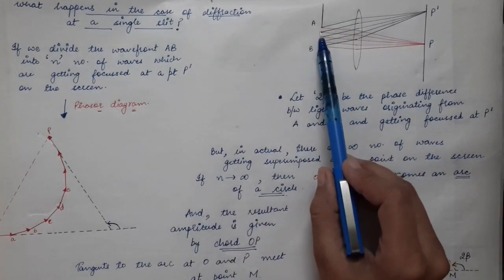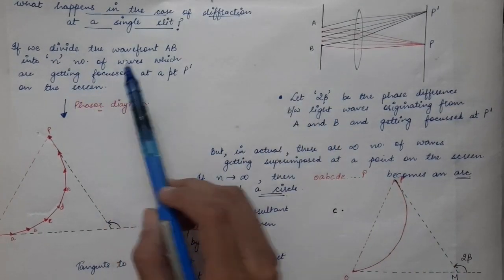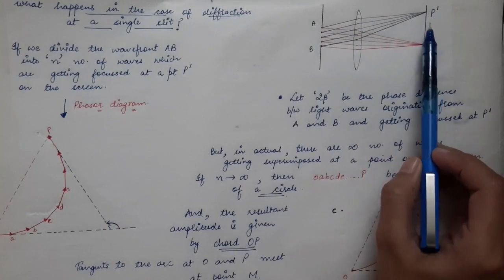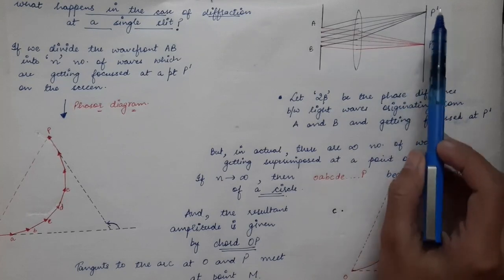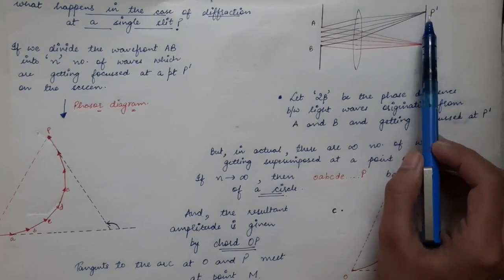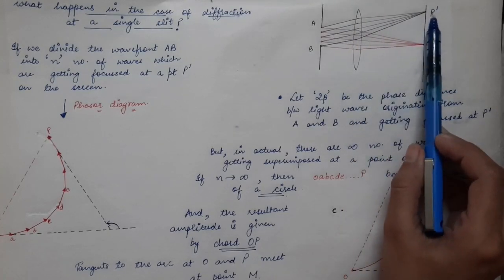Now let's consider this wavefront is divided into n number of waves. There are a large number of waves reaching point P prime, as well as reaching other points on the screen, but we are just considering this P prime point for the time being. So let's say there are n number of waves getting focused at P prime.